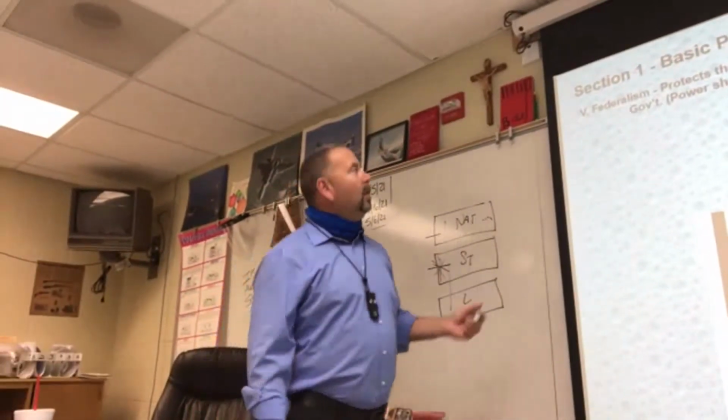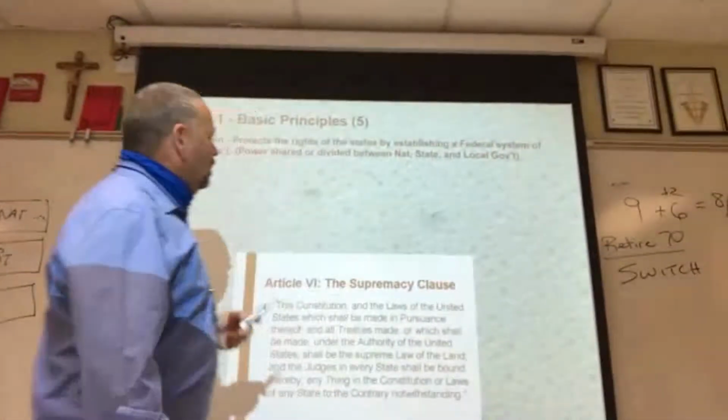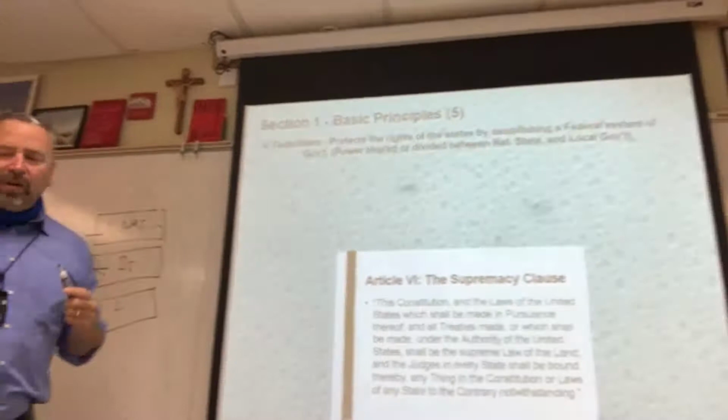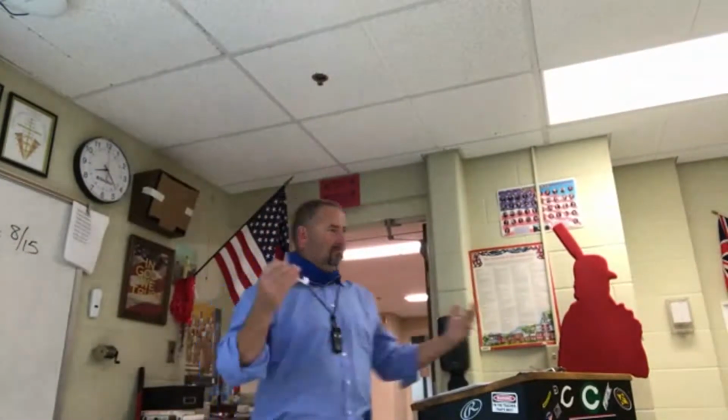Okay? So this protects the rights of states by establishing the federal system of government. So some powers are granted to the national government. Some are left to the states and local governments. Okay?